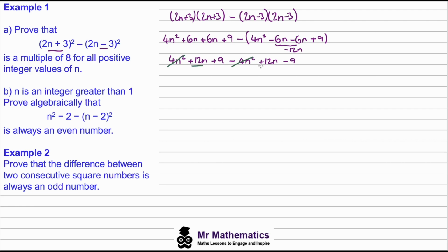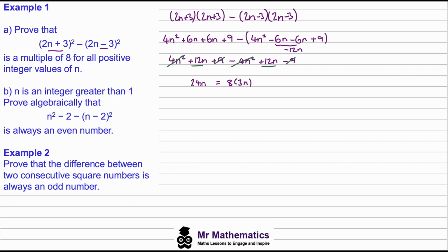The 12n plus the 12n, this will give us 24n, and then we've got a positive 9, take away the 9, and this will give us 0. So they will cancel. Then we're asked to prove that this is a multiple of 8. So we need to factor out the 8, and this will give us 8 lots of 3n.